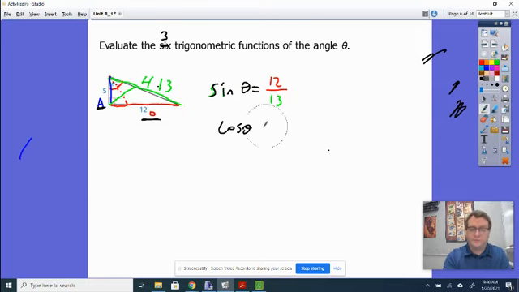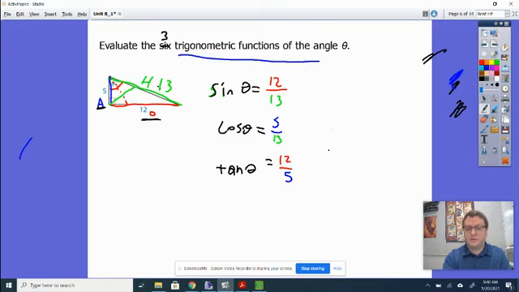Cosine of theta is equal to the adjacent over the hypotenuse. And the tangent of theta is equal to the opposite over adjacent. And that's the trigonometric functions of the angle. You'll also see this written sometimes as the ratios, which you're going to see in the homework today. And that's what you do for these.